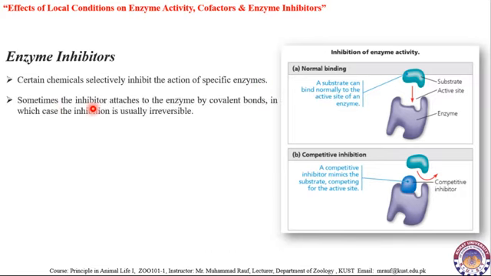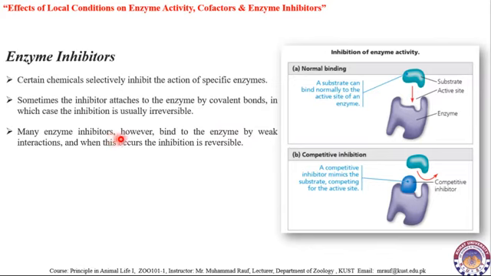Sometimes the inhibitor attaches to the enzyme by covalent bonds, in which case the inhibition is usually irreversible. So when the interaction via covalent bond is established between the inhibitor and the enzyme, this inhibition is usually irreversible, meaning the enzyme is blocked forever.